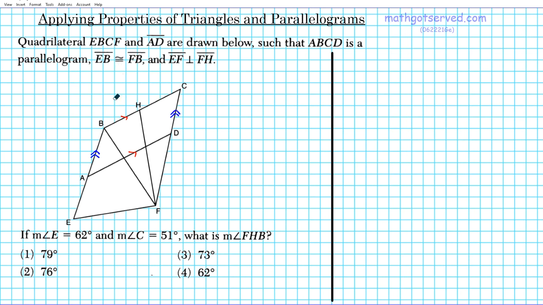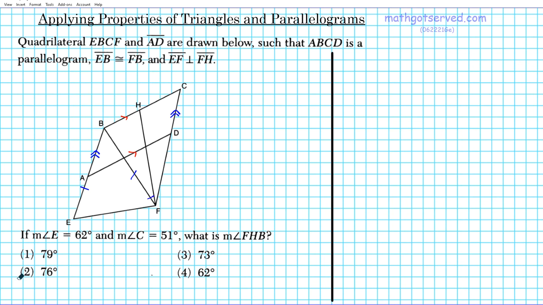Moving along. EB is congruent to FB, so EB, this side right here, is congruent to FB, this side right here, in this triangle EBF. And then EF is perpendicular to FH, which basically means that these two sides have a 90-degree separation.